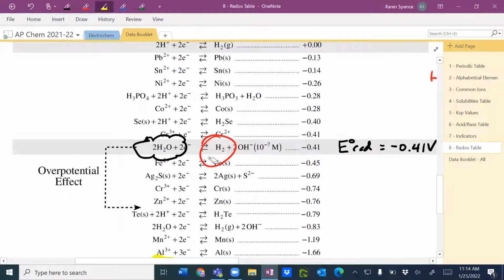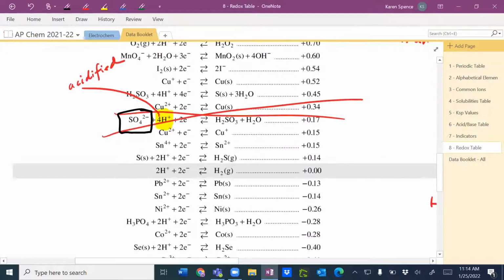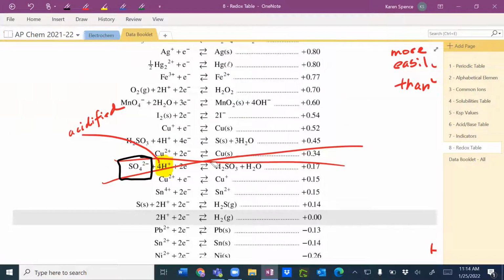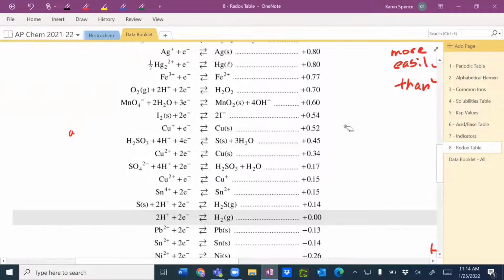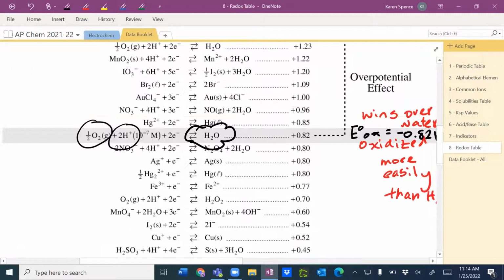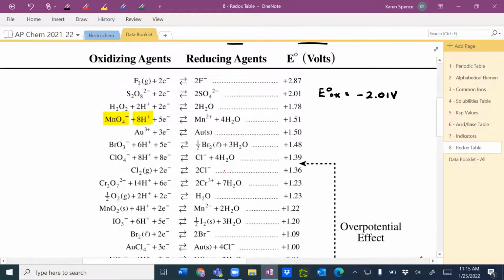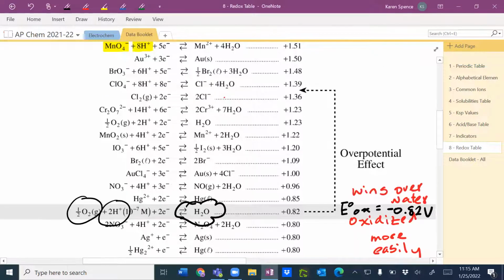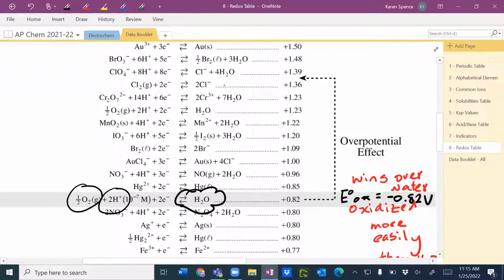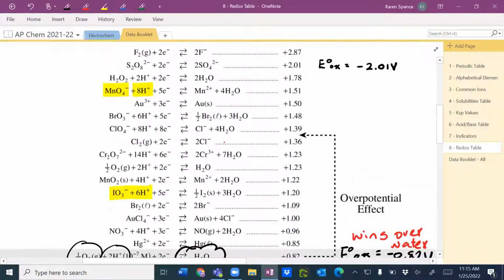So let's go to IO3-. See if we can find that. Again, I'm guessing it's near the top of the table. The top of the table has all the things with oxygens and complicated formulas. IO3-, oh, there it is. And guess what? It is also an oxidizing agent.